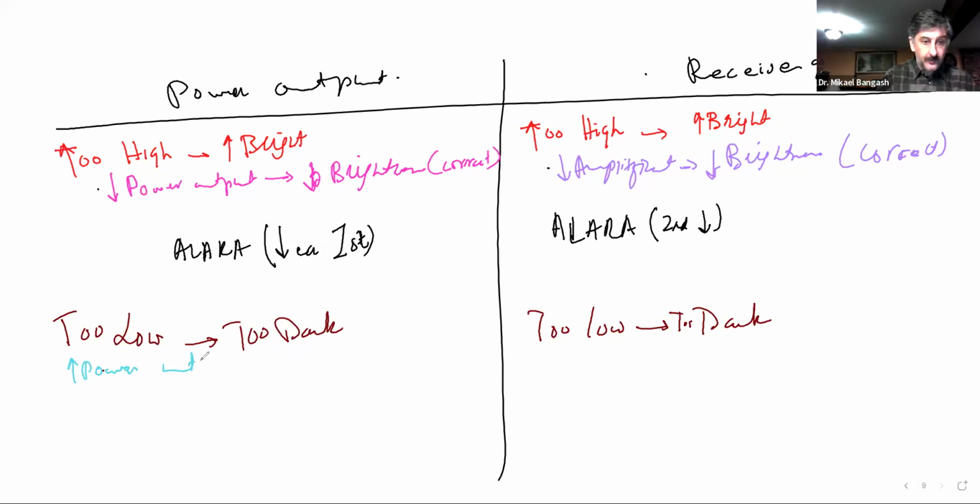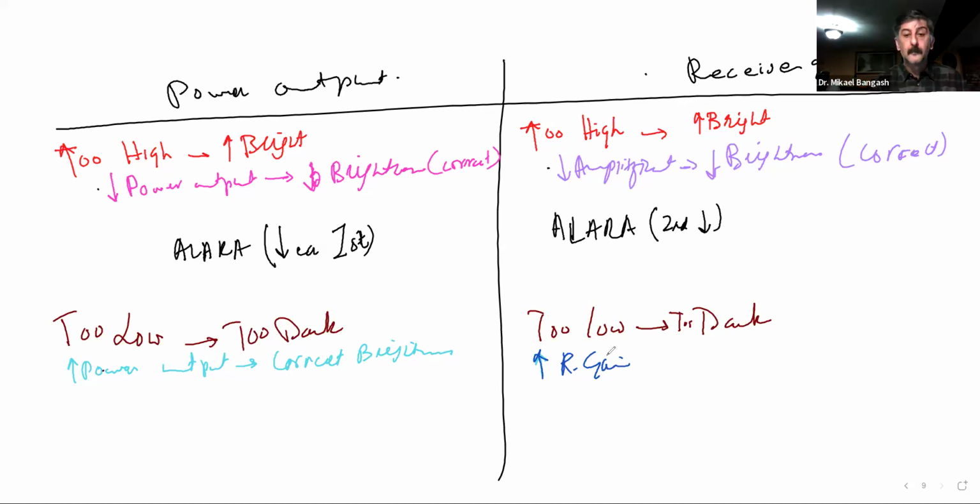Either increase the power output, because that would take it from too dark to the correct brightness, or we can increase our receiver gain, if the image was too dark, just until we get that correct or ideal brightness of the image.